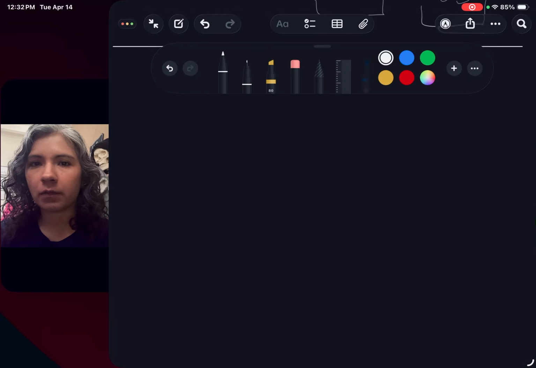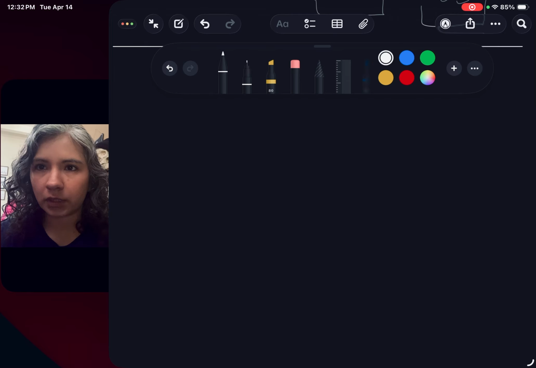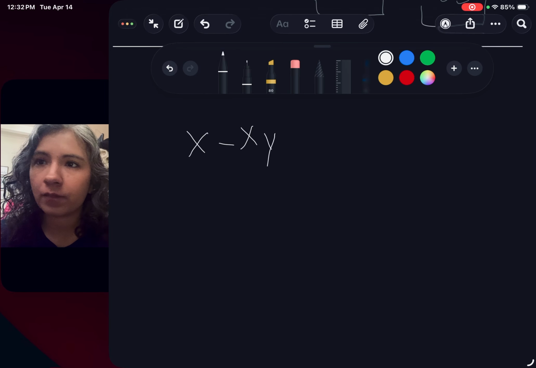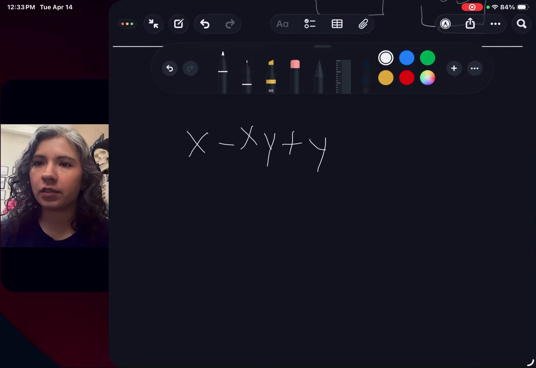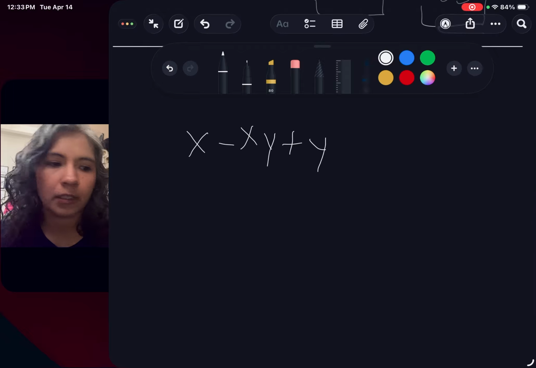So far, whenever we do expressions like this, we usually put positive numbers in place of x and y, but now we're going to also do negative numbers in place of x and y.